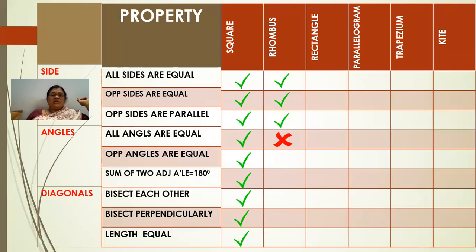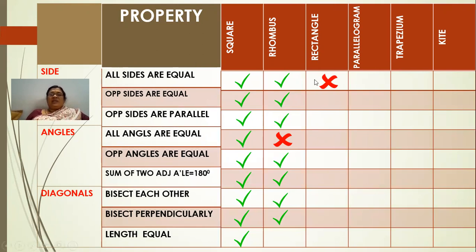In a rhombus, only the opposite angles are equal. And when you add the adjacent angles, that will be equal to 180 degrees. Now, regarding the diagonals, in a rhombus, the diagonals bisect each other, and the great property, that is, the diagonals will bisect perpendicularly, and the length of the diagonals may not be defined.